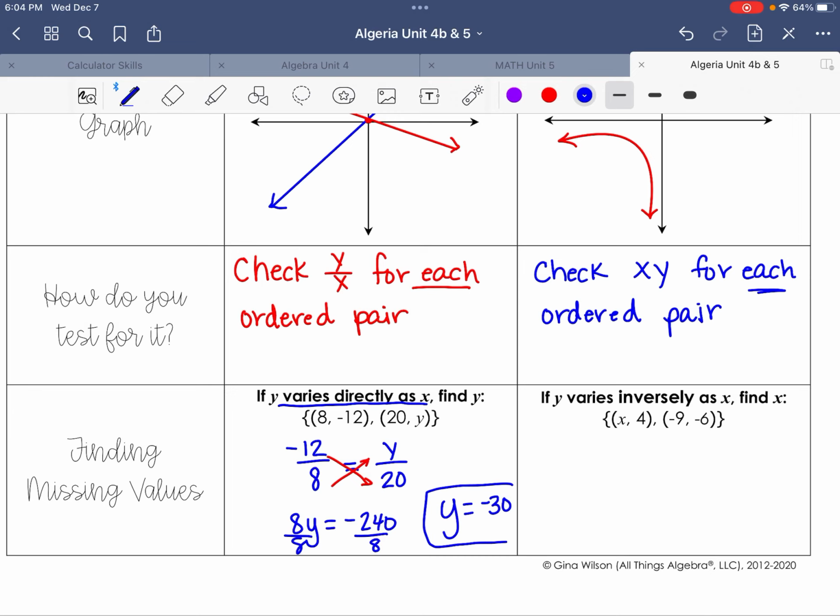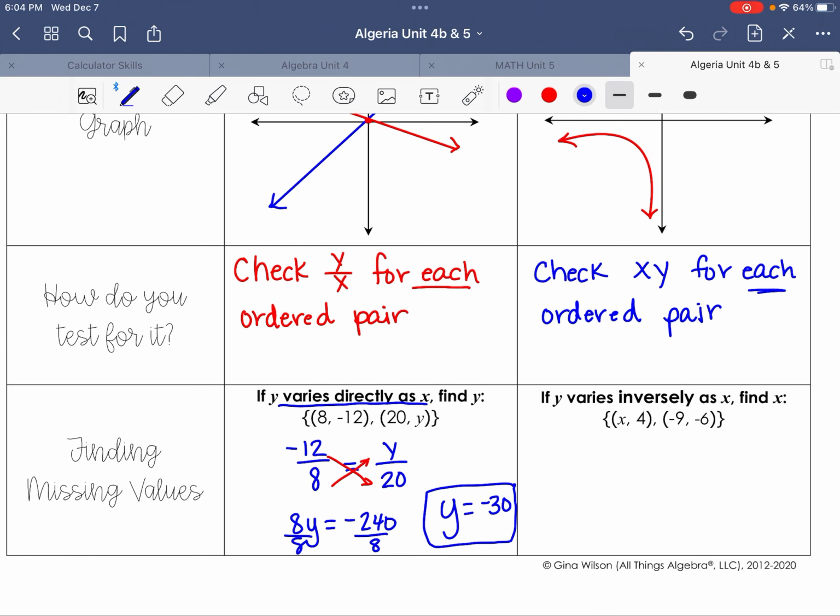Now that's just the y. That is not the k. If you were to write this as an equation, you would have to find k by multiplying negative 12 times 8, or negative 30 times 20. That would give you your k to write the equation.